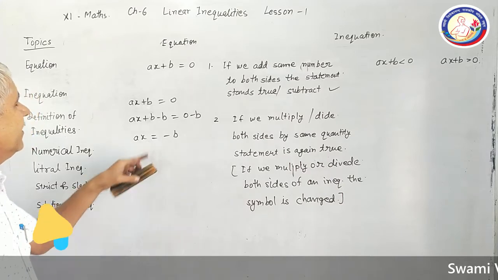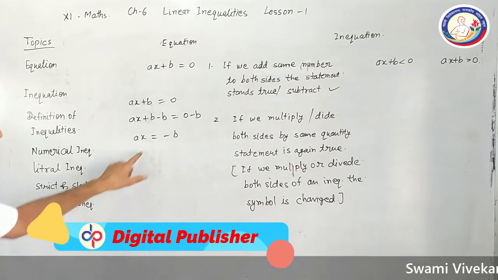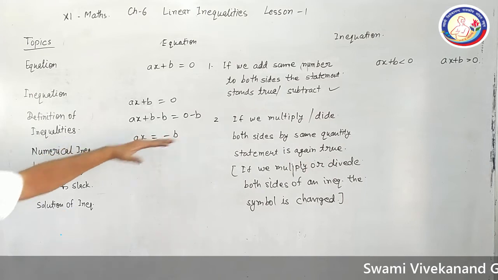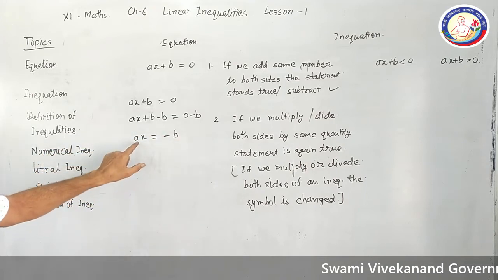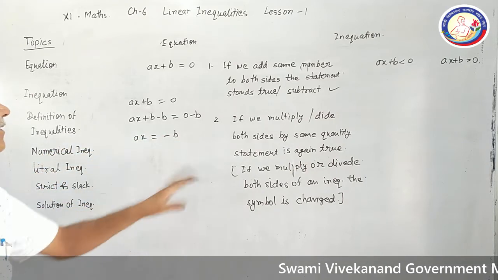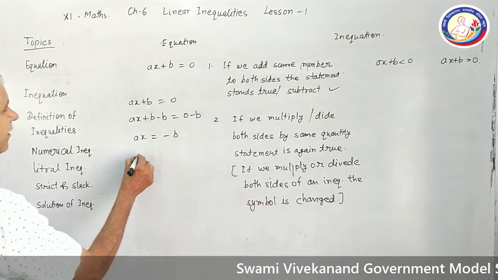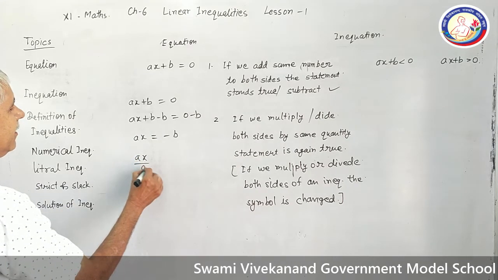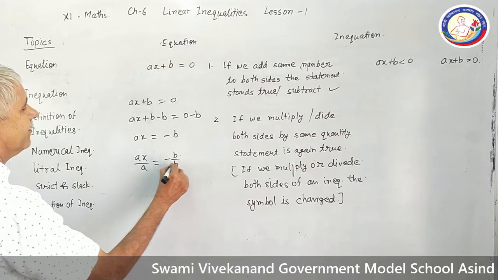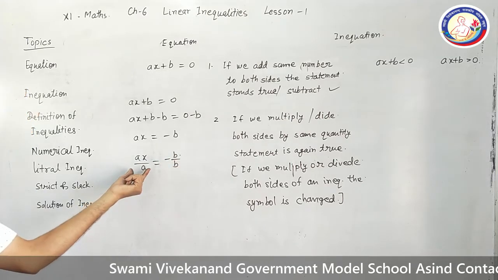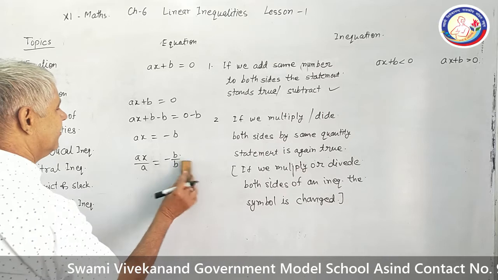Now I want to eliminate a. I want only x. For this, these two are equal again. I can divide or multiply by any number. I am dividing it: ax upon a equal to minus b upon a. Why did I divide by a?